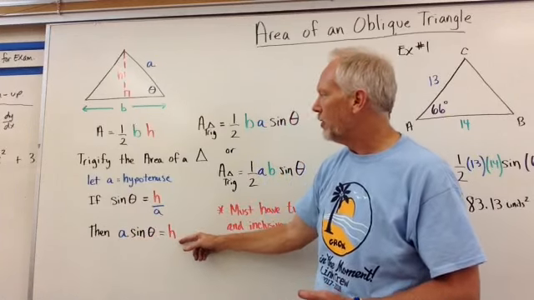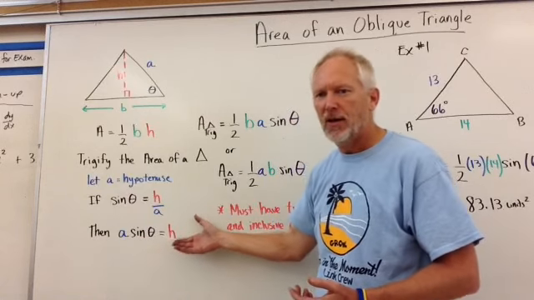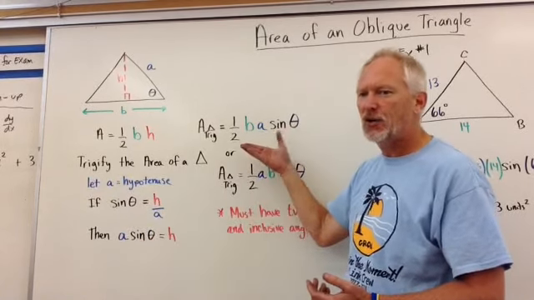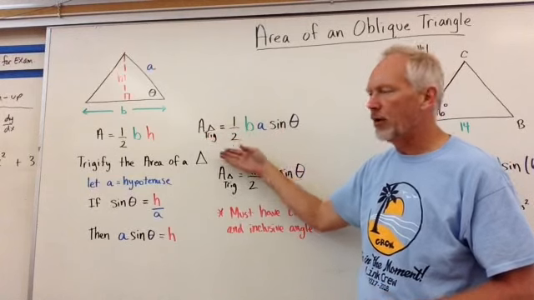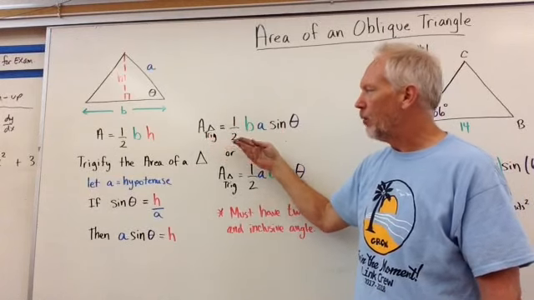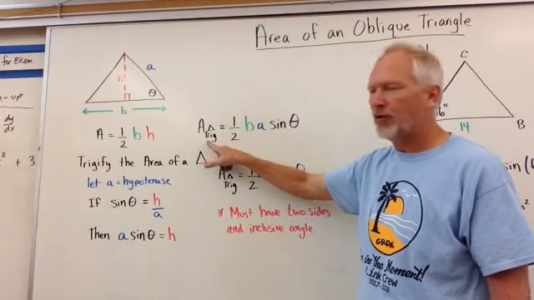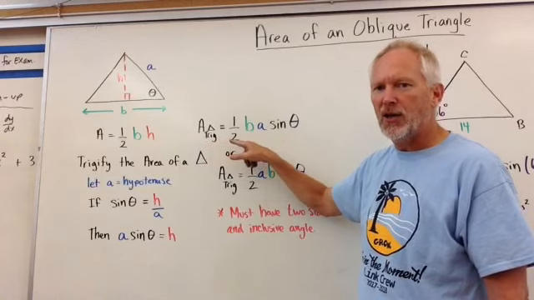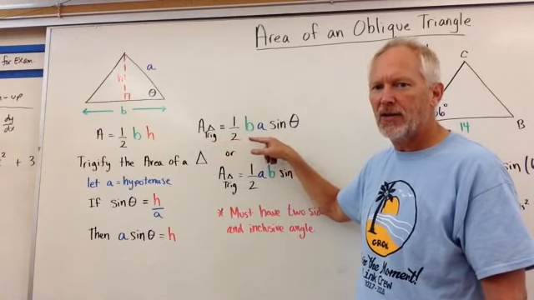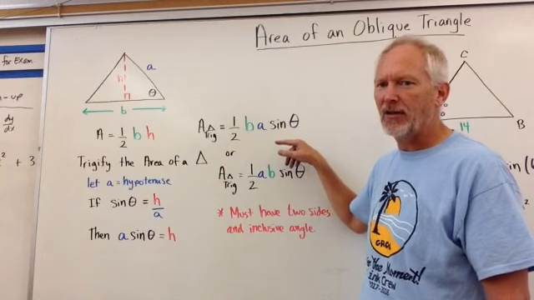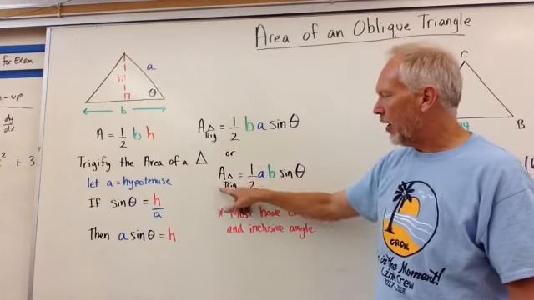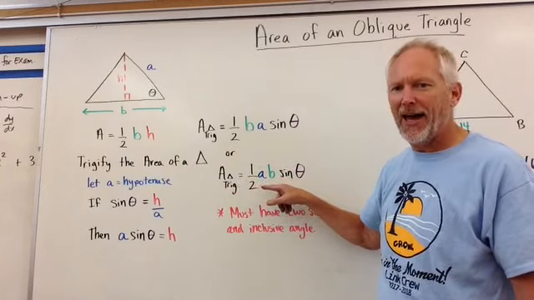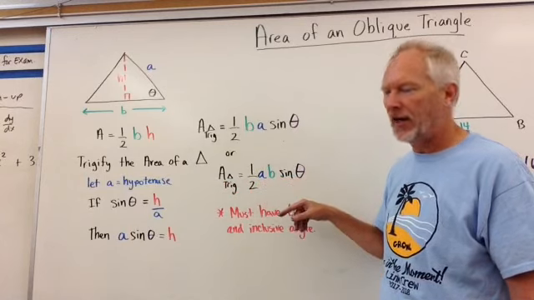Well, now what we can do is substitute that information back into our normal triangle area, and we'll say that the area with the trig information is 1/2 the base times A sine theta, or area is equal to 1/2 A B sine theta.